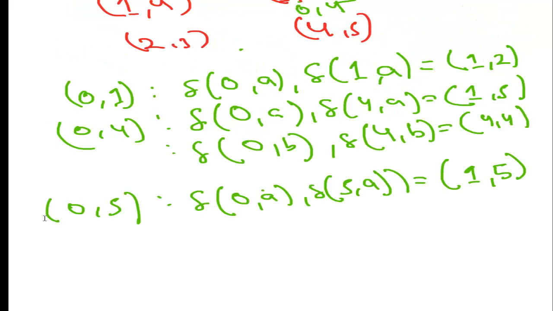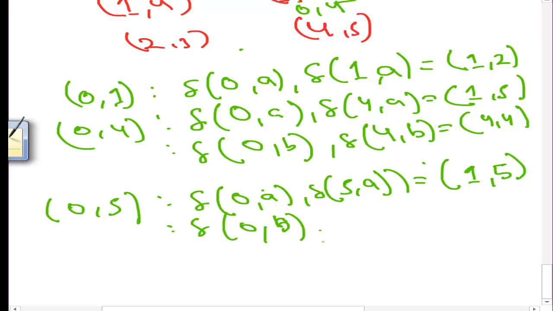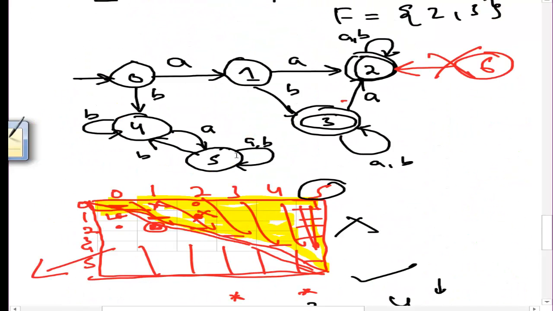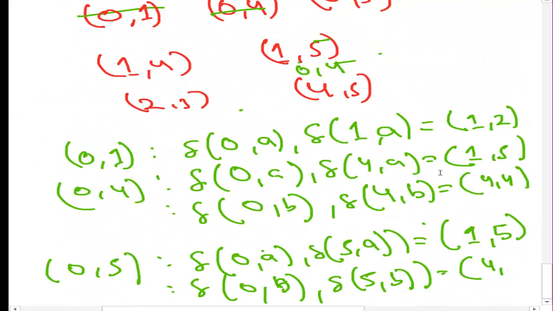Let me try the B on it, because I didn't get the info from the A. Let me go to the B of 0 on B, and delta 5 on B, where it is going to go. Because 0 on B will go to the 4, I know it, and 5 on B goes to 5 itself, so it is the 4 5, right?